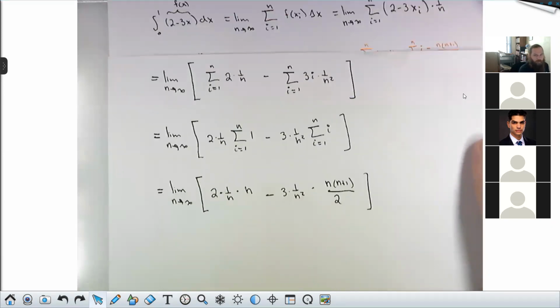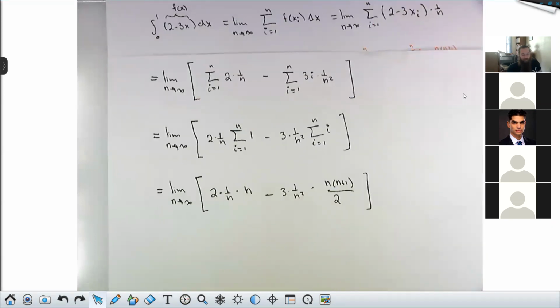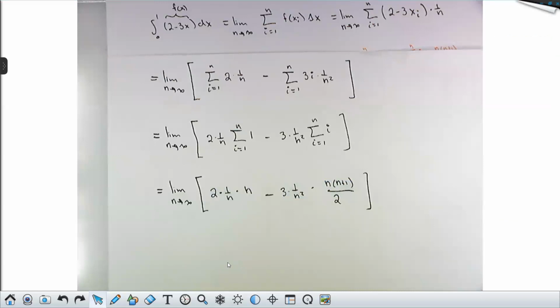And now, really, this is a problem we could have done back in section 2.6 when we first learned about limits at infinity. This piece is easy because the n's cancel. But here, no n's cancel. Well, you could, I suppose, cancel one n. But let's see what we can do.